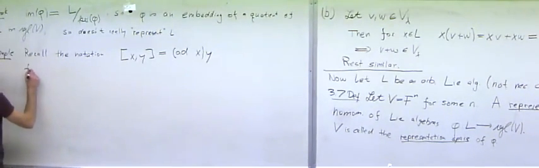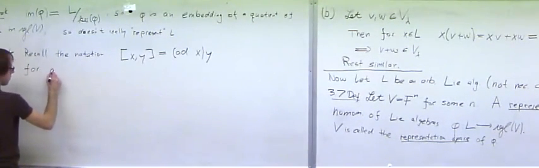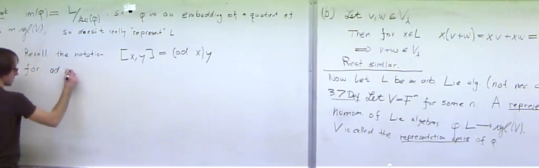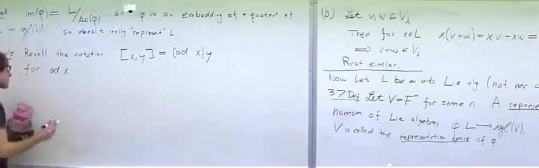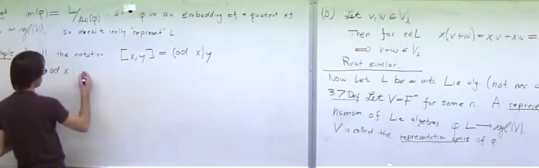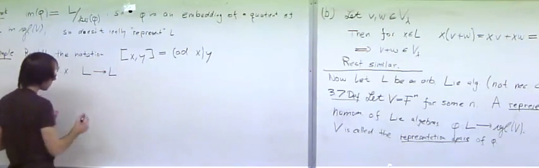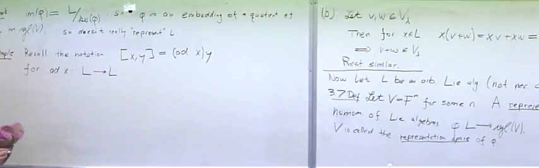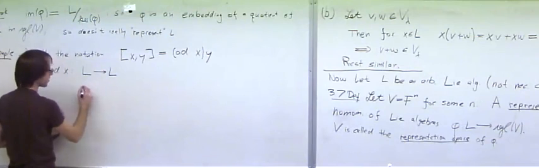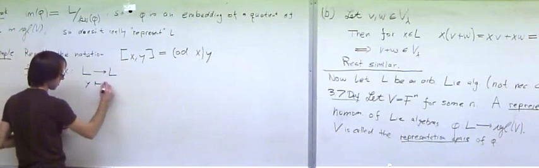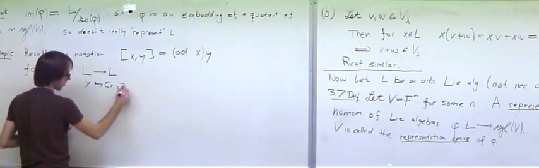So ad x is a linear map from L to L, which sends y to the bracket of x and y.